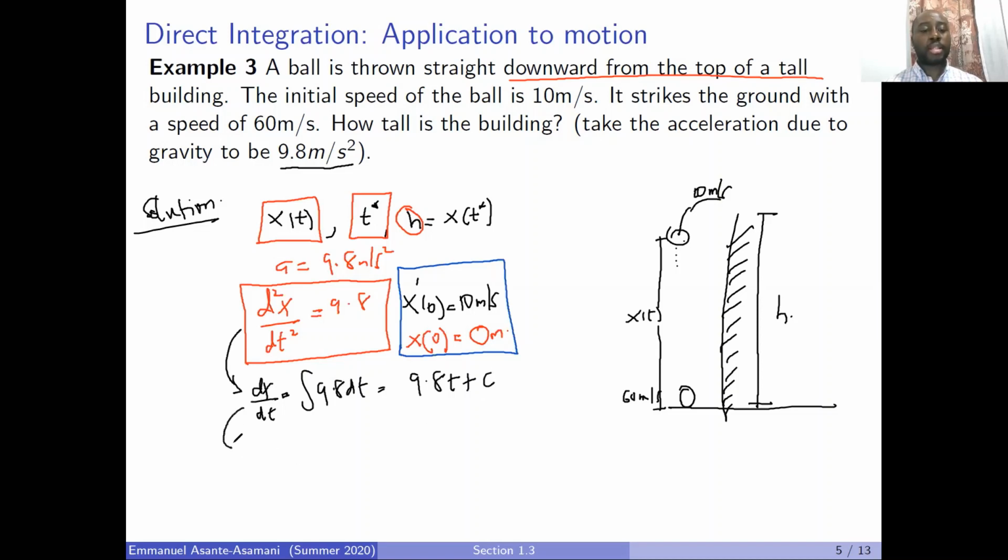Then if we apply this a second time, we get our position function, which would be the integral of 9.8 t plus c dt, which will be 9.8 t squared over 2 plus ct plus some constant d. Okay, so we can simplify that and say that my x of t is 4.9 t squared plus ct plus d.